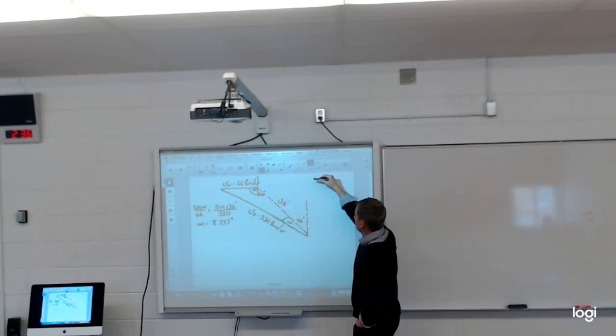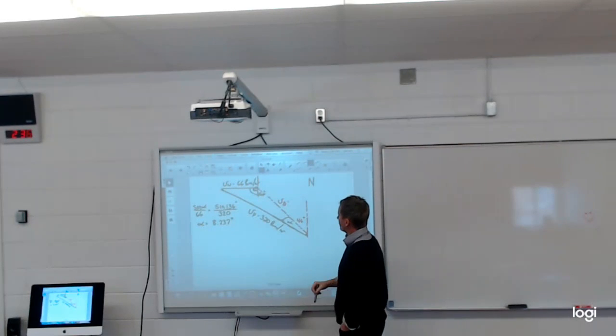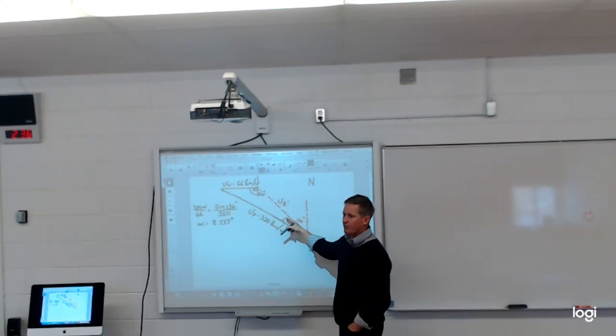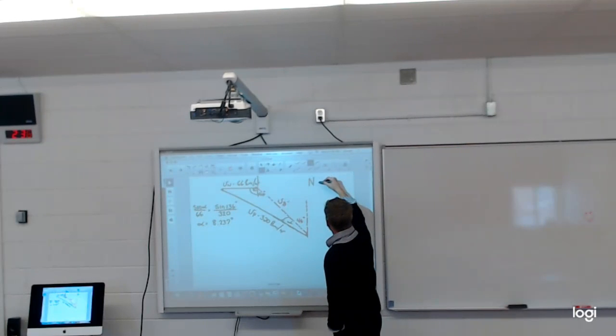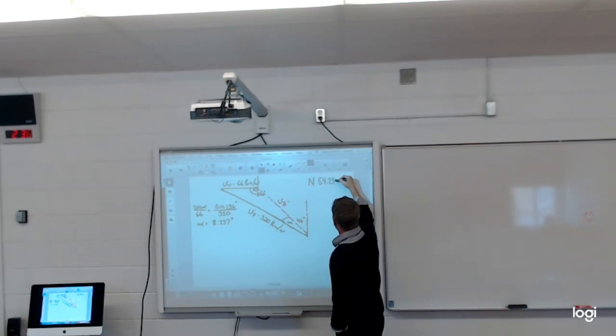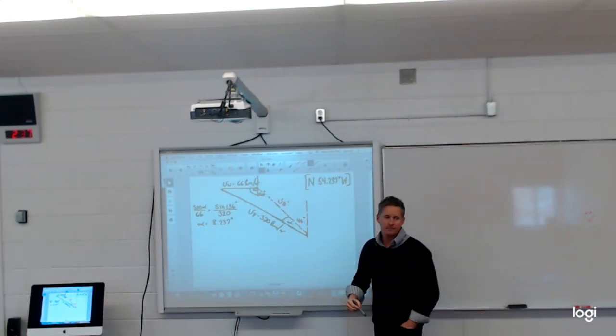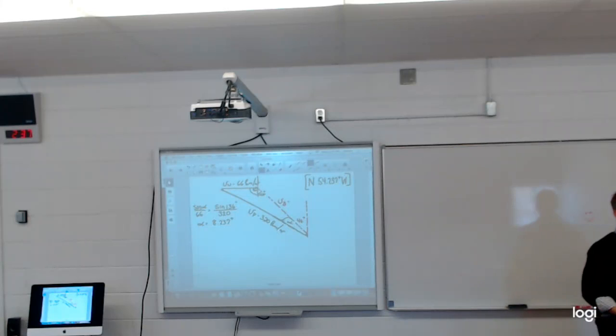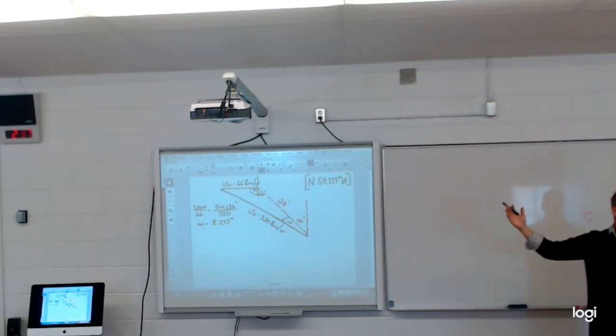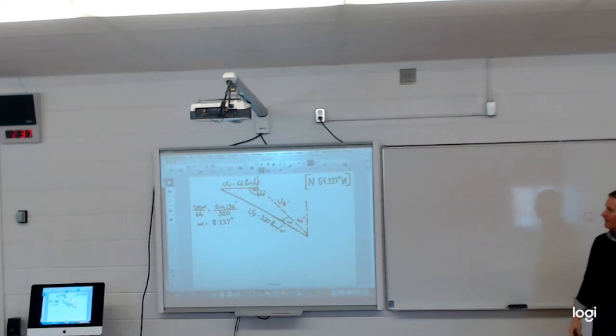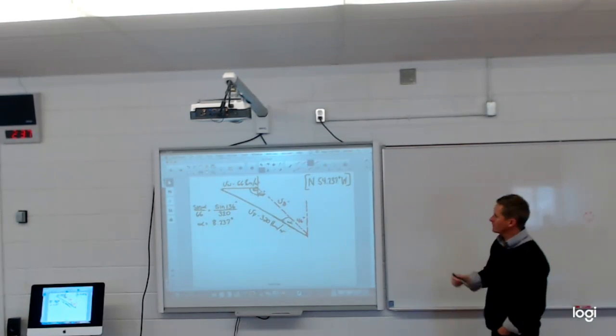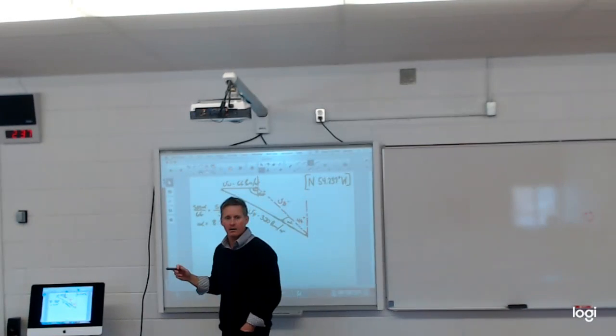So I'm going to go north, and I'm going to add that on to the 8.237. 54.237 degrees west is the flight path, the heading, the direction that the plane needs to fly in order to end up at 46 degrees west of north. That was the first part of this question, the direction.